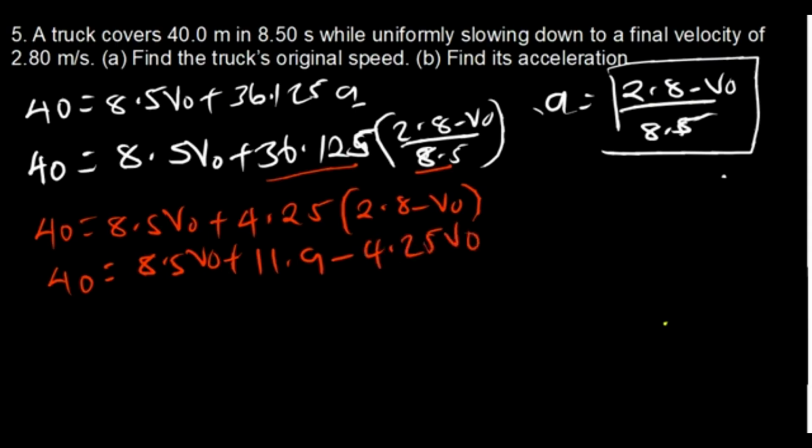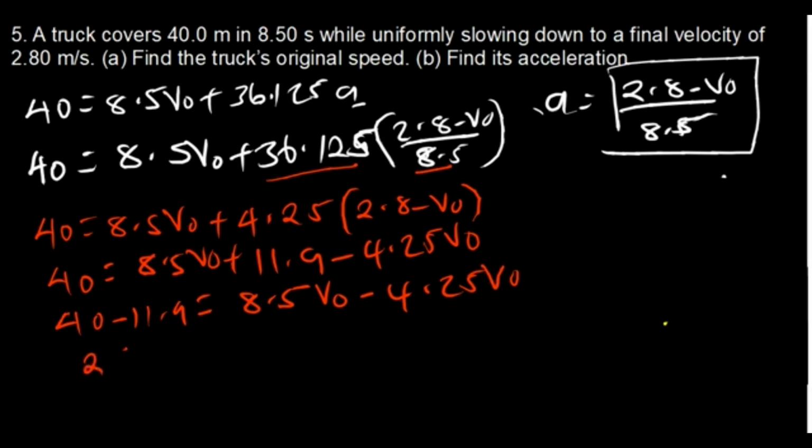I can shift 11.9 to the other side, so 40 minus 11.9 has to be equal to 8.5 v initial minus 4.25 v initial. Now 40 minus 11.9 gives me 28.1, equal to 8.5 minus 4.25, which is 4.25 v initial.